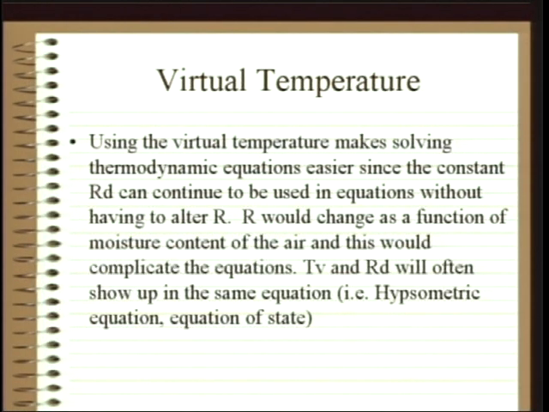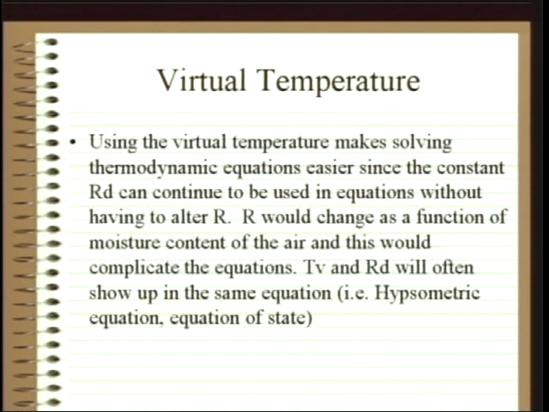Virtual temperature and RD will often show up in the same equation. So in the hypsometric equation and the equation of state, it had both those values in there. So if you're using the value of RD, which is the gas constant of dry air, you'll want to use the virtual temperature, since the virtual temperature is a temperature that dry air has, taking into consideration the moisture that's in the air.